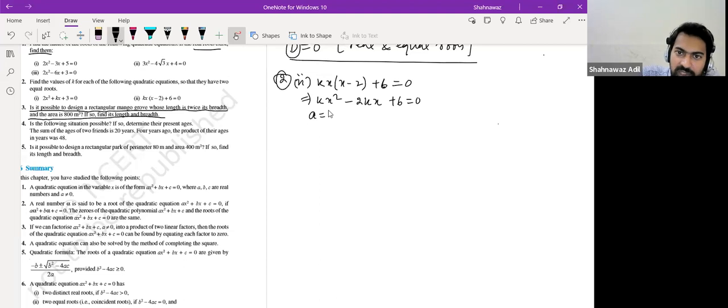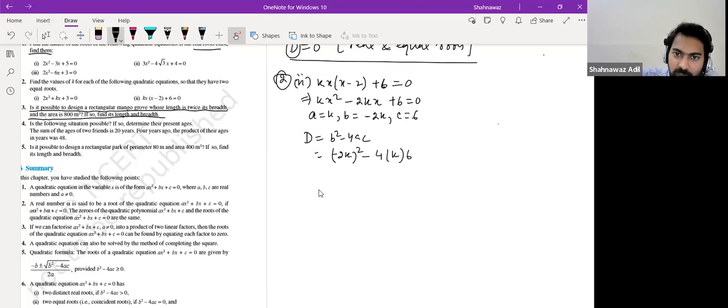K. And what is B? Minus 2k, and C is 6, right? So what is D? B square minus 4ac. So B square is minus 2k square, and minus 4 into k into 6.